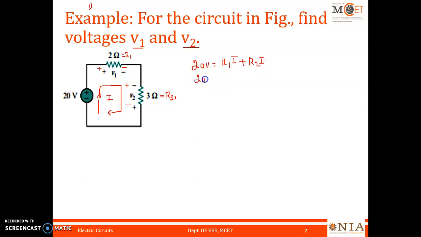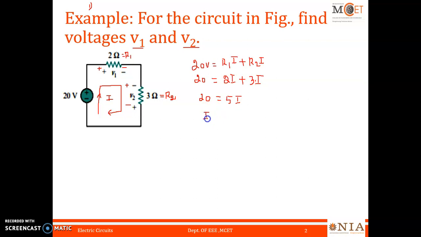So 20 volt is equal to, the value of R1 is 2, into I, plus the value of R2 is 3, into I. So 20 equals 5I.